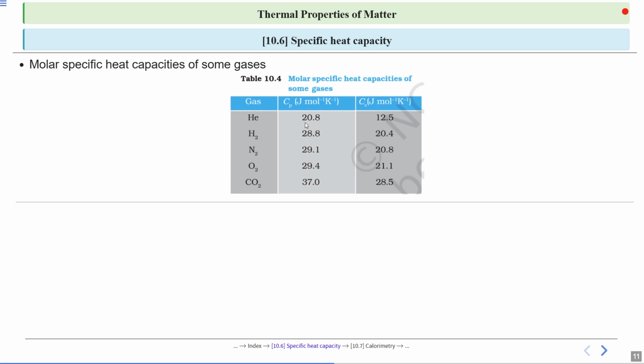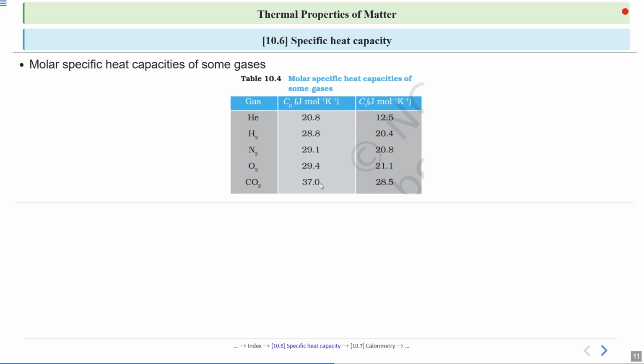Hydrogen gas, Cp is 28.8 joule per mole per Kelvin and Cv is 20.4 joule per mole per Kelvin. For nitrogen gas, Cp is 29.1 joule per mole per Kelvin and Cv is 20.8 joule per mole per Kelvin. O2 is 29.4 and Cv is 21.1.